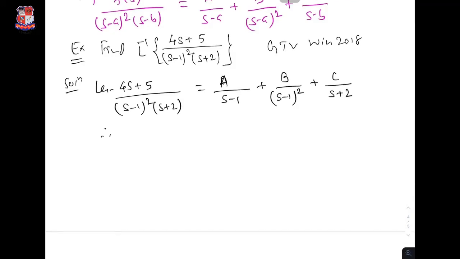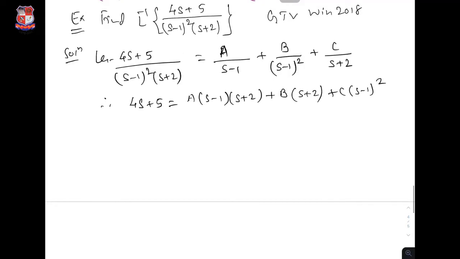And therefore if you take the LCM, 4s + 5, now what is the LCM? LCM is (s − 1)² into (s + 2). So A into (s − 1)(s + 2) plus B, now (s − 1)² is there, so it is (s + 2), plus C(s − 1)². Okay, this you are able to know.